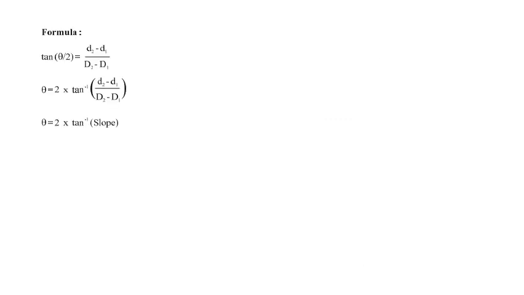We have given a formula which is tan(theta/2) equal to (d2 minus d1) upon (D2 minus D1). In order to understand this, we will draw a figure like this. Let's say this is the straight line and laser is along this. Let's say this is the small d2 and this is small d1. This angle is, let's say, theta by 2, and this is the d1 point, this is the d2 point.